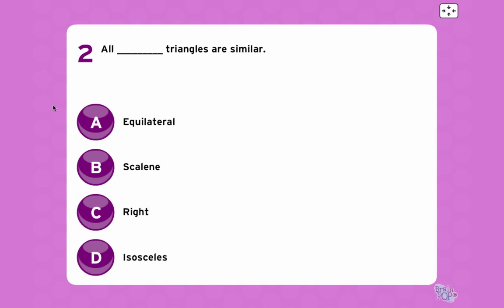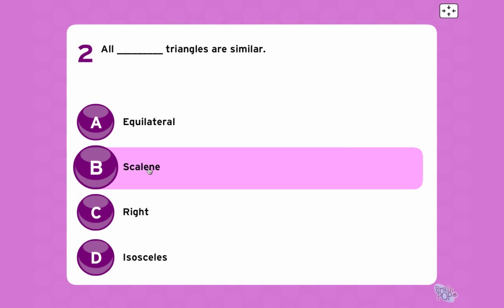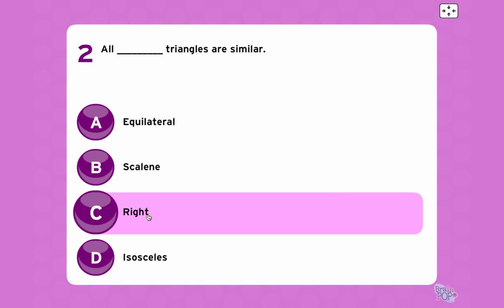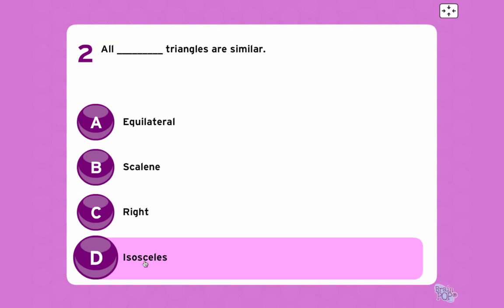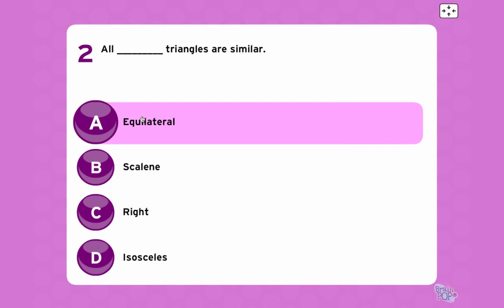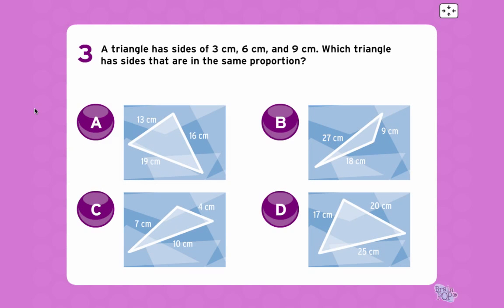Now remember, scaling triangles are completely different. They have all different sides, all different angles. Right triangles have one right angle. Isosceles triangles have two similar sides. Equilateral has all similar sides. So yes, go ahead, Lucas. A. That's right. It has to be A. Good. Yes, Jacob, that's fine.